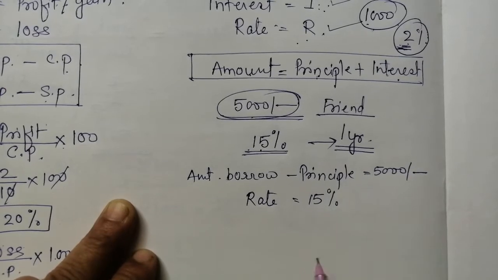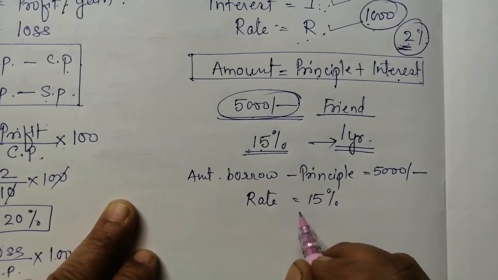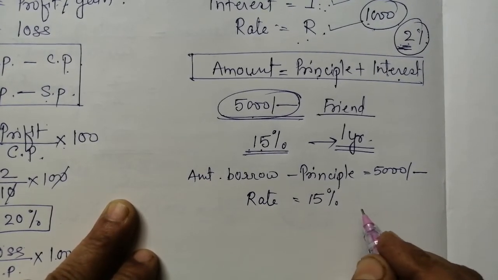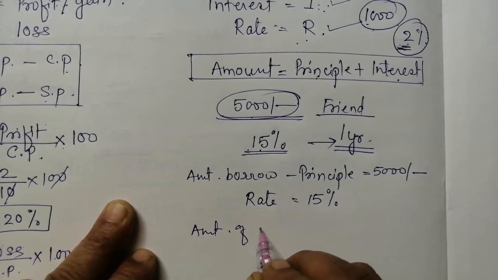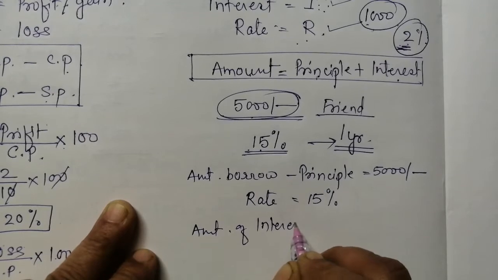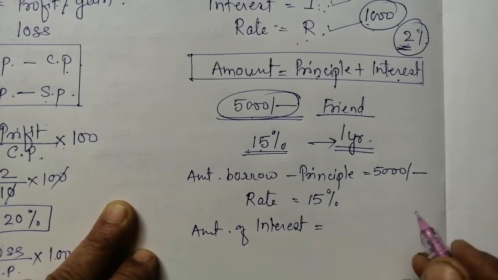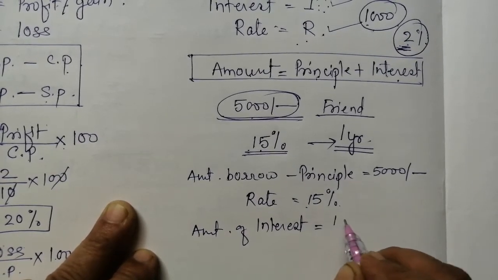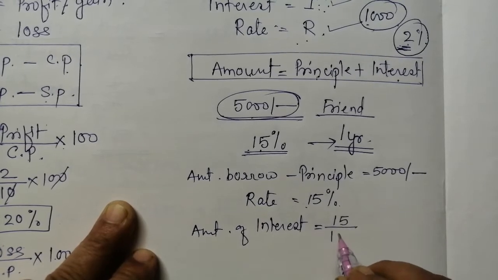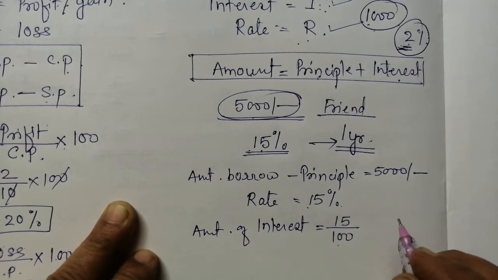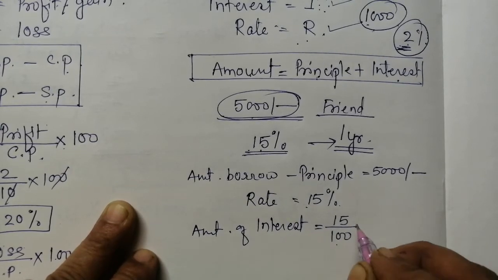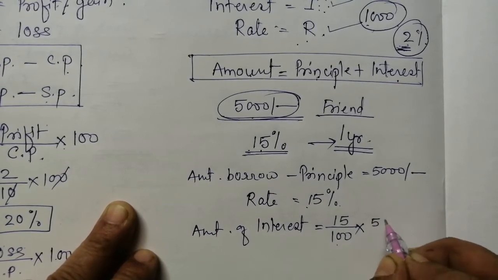Now it is given in percent, so first of all you have to find the amount of interest, which is equal to 15% means 15 divided by 100. For 100 rupees you are paying 15, so for 5000 rupees how much?